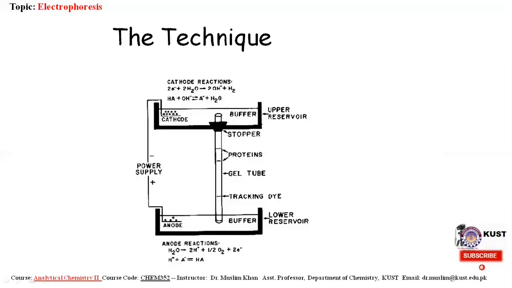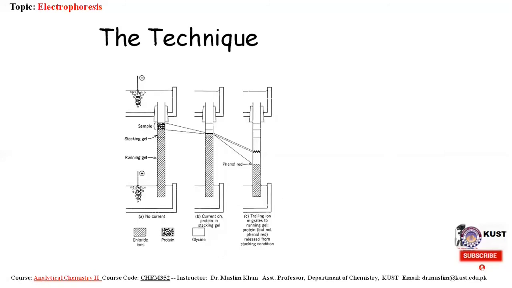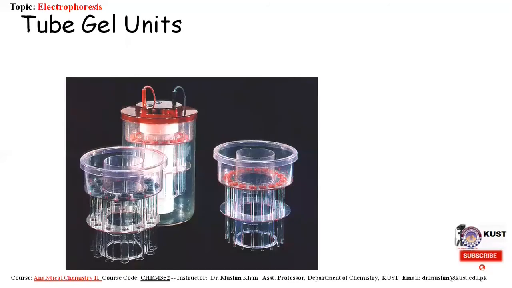So this is the technique showing it, or you can show it this way as well. That's how electrophoresis is working here. These are the different tube gel units. As I told you, I will show you the picture of tube gel units.